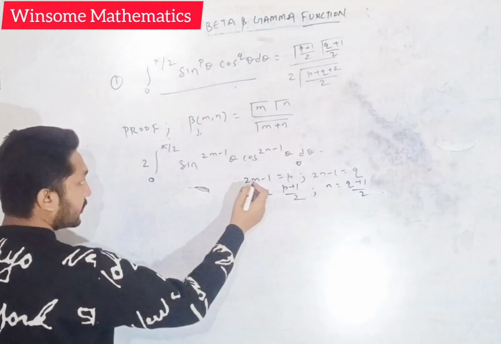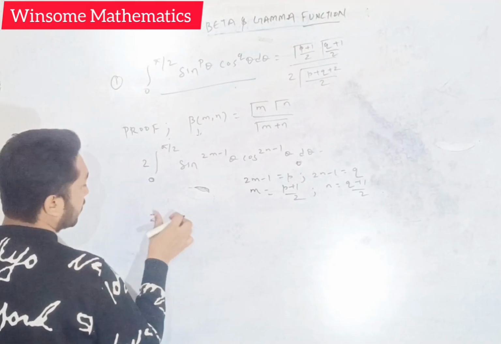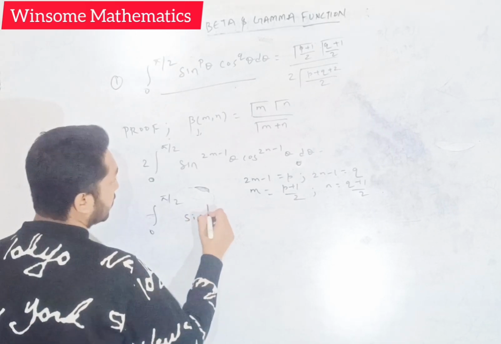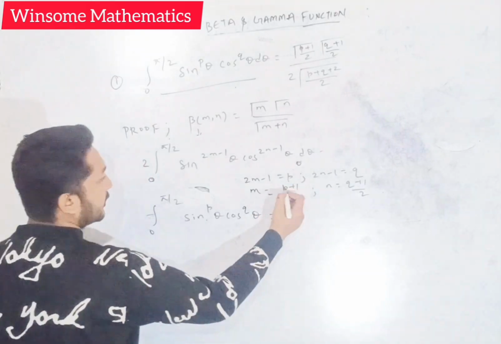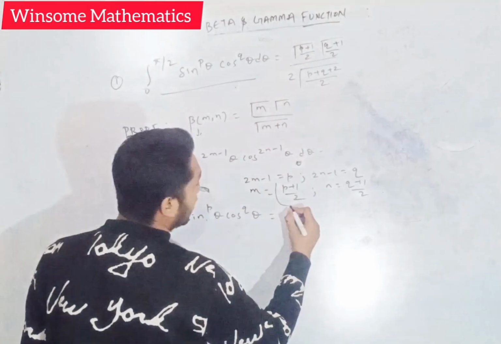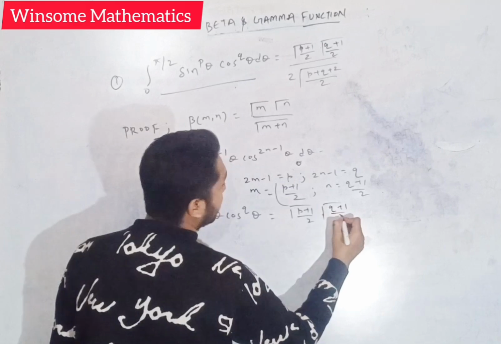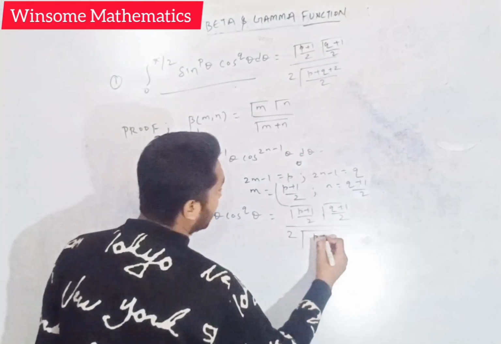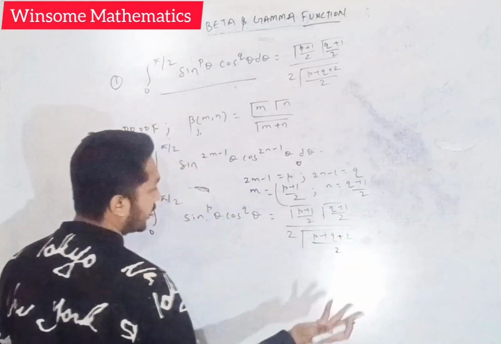No problem, so you can easily write 2 times the integral from 0 to pi by 2 of sine p theta cos q theta d theta, equal to gamma of p plus 1 by 2 times gamma of q plus 1 by 2, and m plus n is p plus q plus 1 plus 1, that is p plus q plus 2 upon 2, with the 2 coming here.